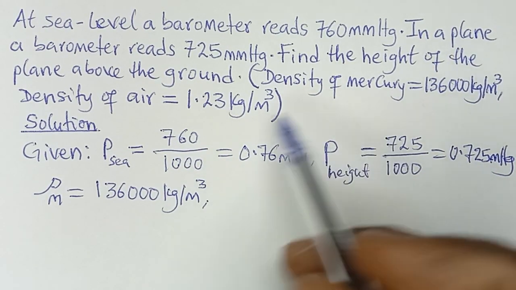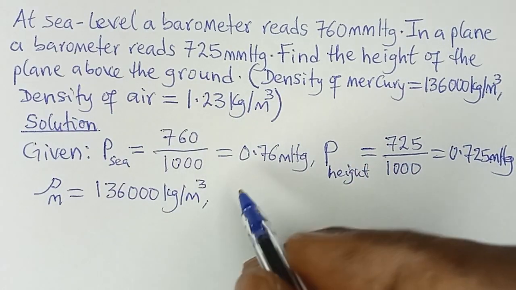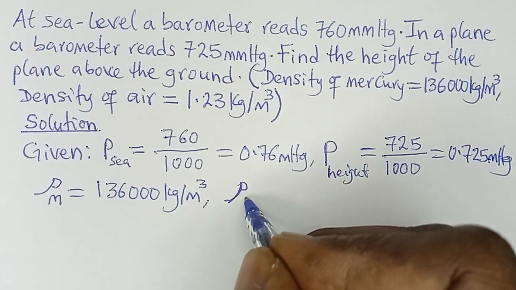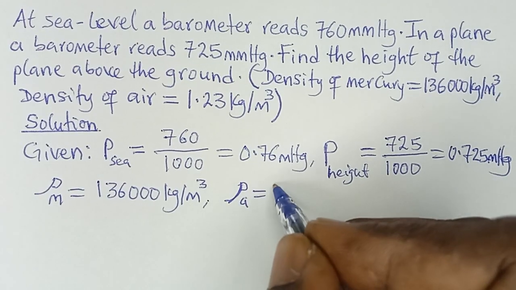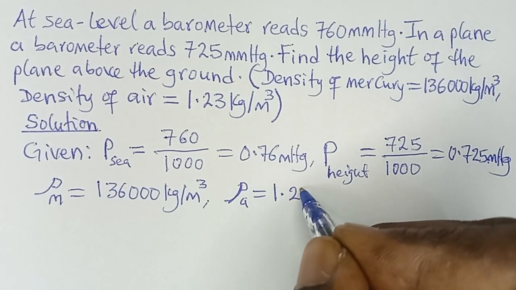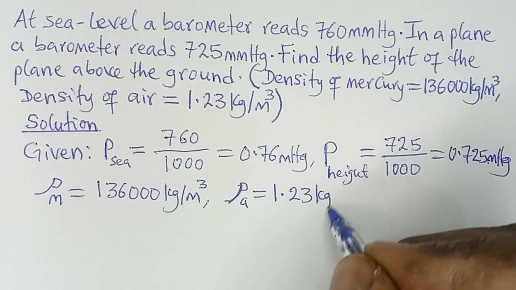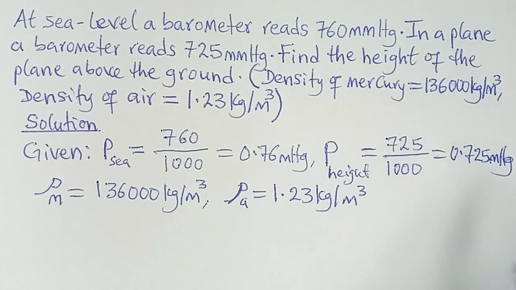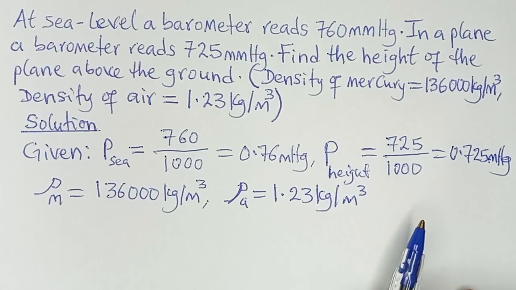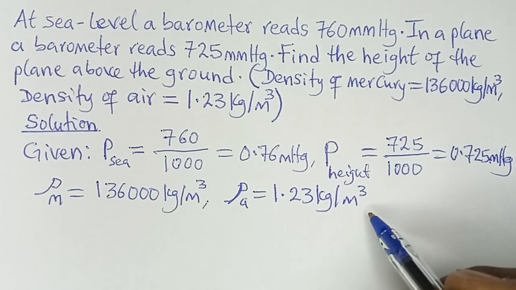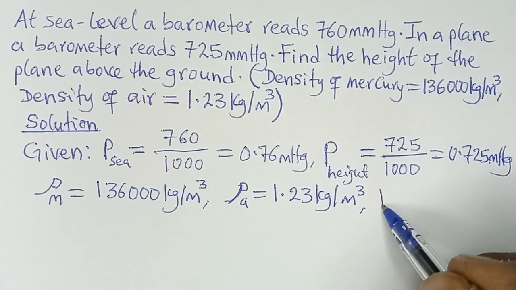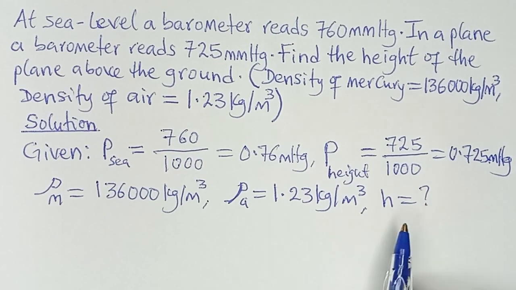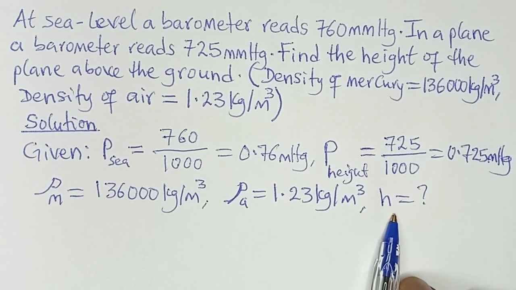And then we have the density of the air, so I'll call that rho A. Rho A is equal to 1.23 kilogram per meter cube. Now that we have highlighted everything that we need, don't forget we are looking for the height above the ground, which is H. That's the height of the airplane above the ground.